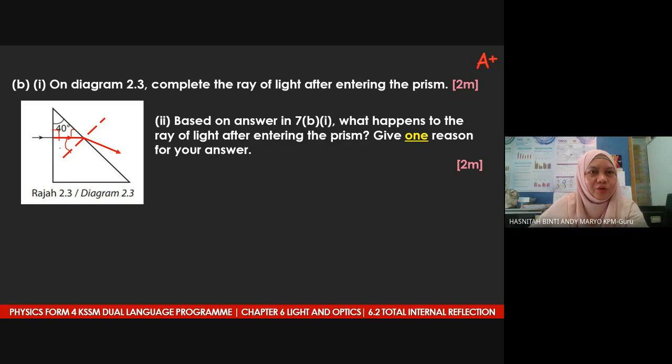Sorry, 40 degrees, not 30, 40. Sorry, my mistake. So here is also 40 degrees. The total here is 90. So here is 50, which means here is 40. So the angle of incidence is 40 degrees. So I, 40 degrees, is still lower than the critical angle, which is 42.